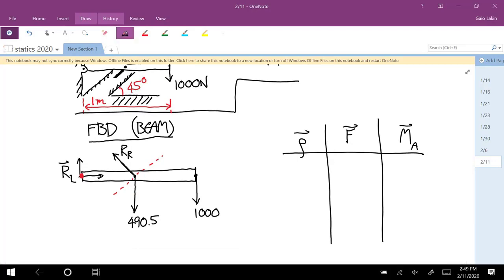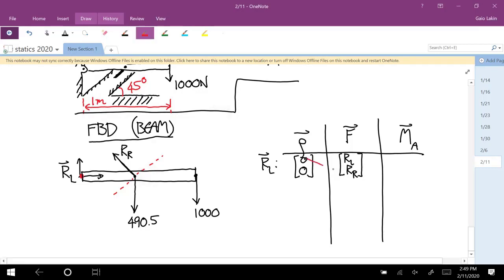Okay, so the first load I'm going to deal with is RL. The r vector is 0, 0, and I'll leave off the Z component. And the force is RLX, RLY. Whoops, I did that wrong, sorry. That's what happens when I'm talking while I'm trying to think of what I'm going to say next. Now you can think of the cross product as just this times this minus this times this.